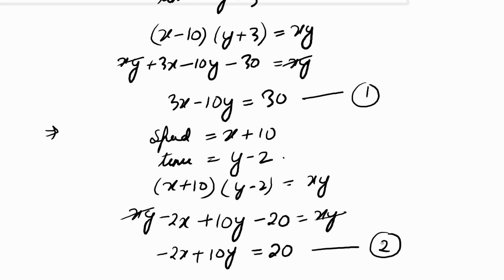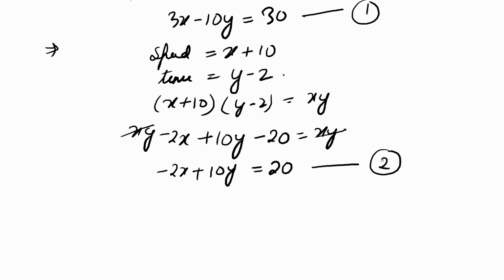Then what we will do? We will add equation 1 and 2, because see the y over here, we were doing elimination method. We can see the coefficient of y in equation 1 is minus 10 and equation 2 is plus 10. So we will simply add these equations.